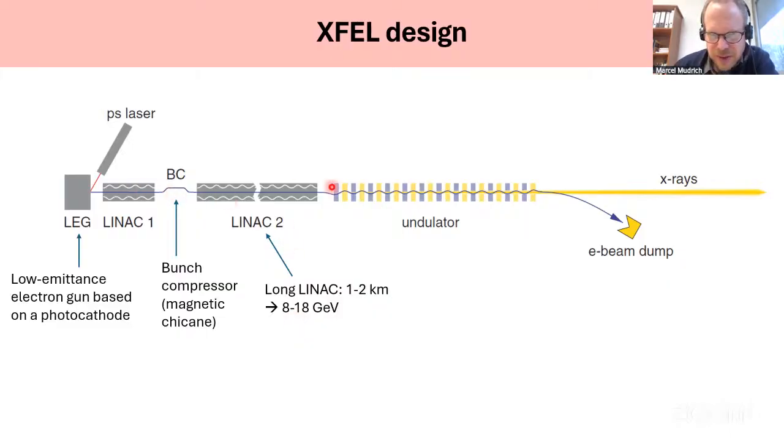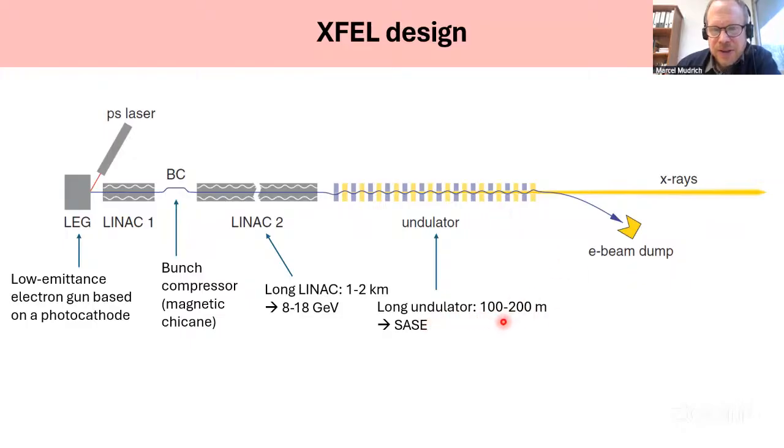And that is just achieved by the sheer size of the linear accelerator and also by as high an electric field as possible. So typically superconducting acceleration cavities are used here to reach the highest possible electric fields in the radio frequency cavities. Then the electrons pass through very long undulators.